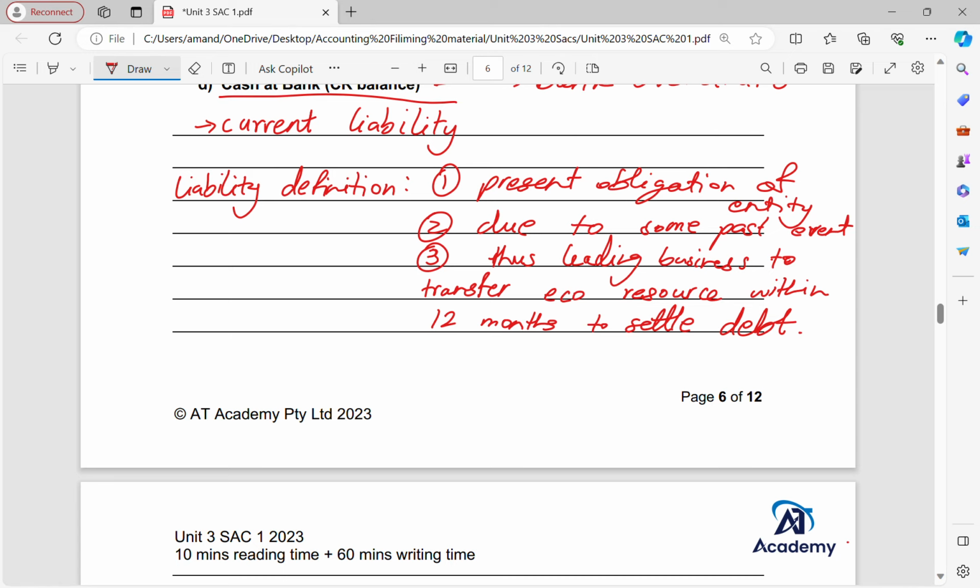Within 12 months is important to show that this is a current liability and not non-current. Right? Does lead the business, so again the keywords here: does lead the business to transfer economic resource within 12 months.